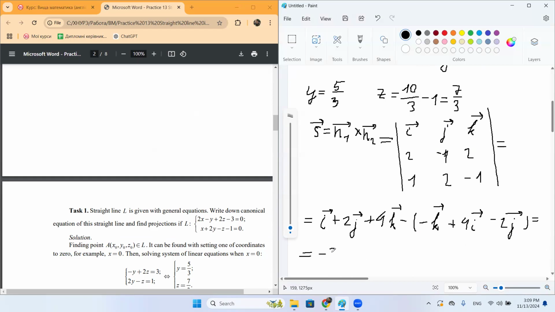So let's expand. Minus 3i, then plus 4j, and plus 5k. So minus 3, 4, 5.